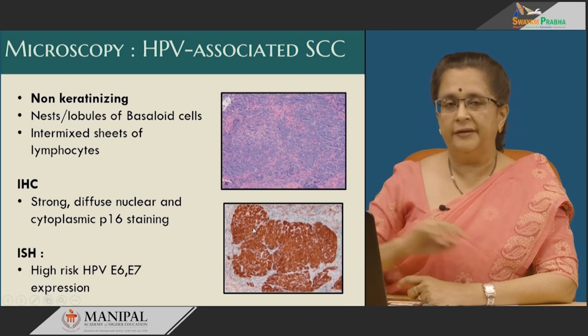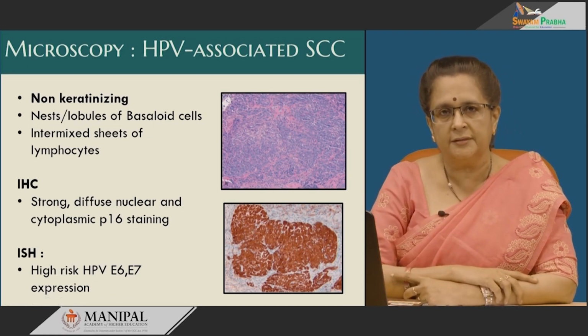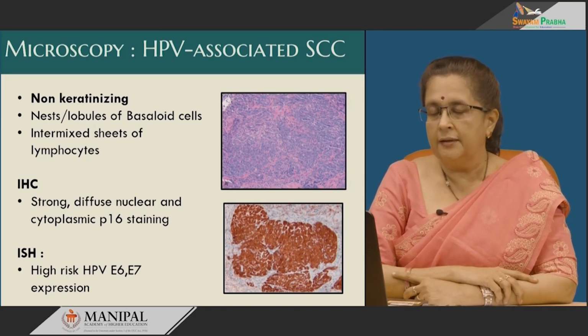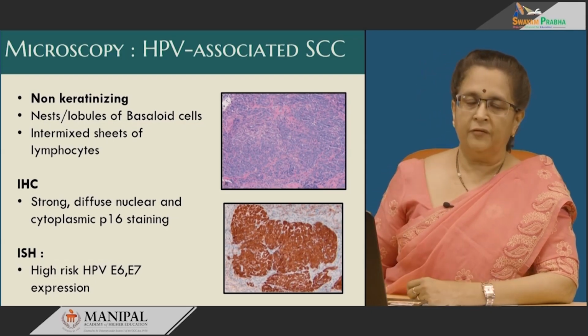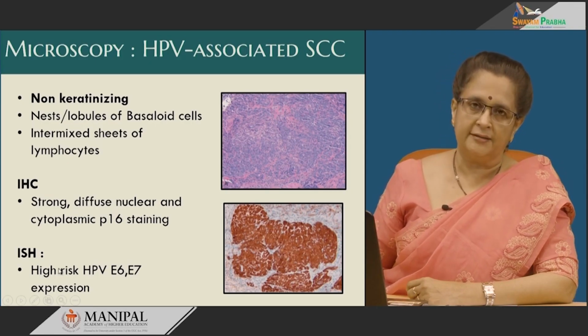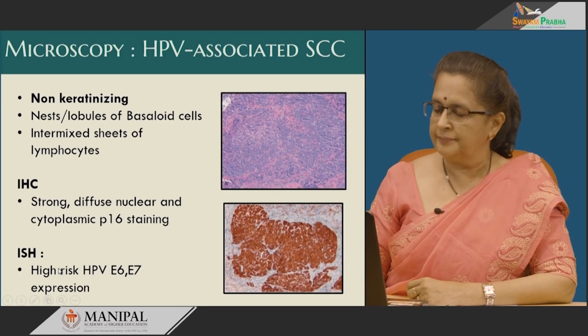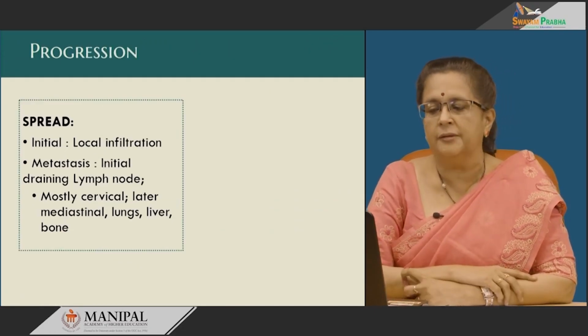By diffuse we mean more than 50%; actually here it is almost 100% staining of the cytoplasm as well as the nuclei with strong intensity if it is HPV associated. Further, if we do in situ hybridization, the E6 and E7 of the high risk HPV is expressed.